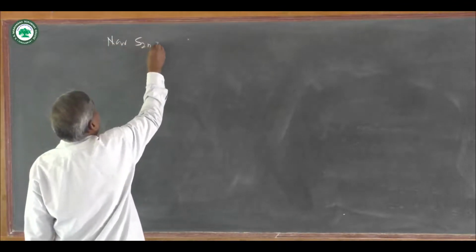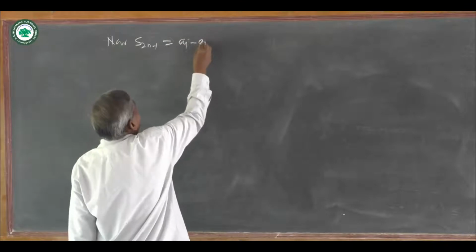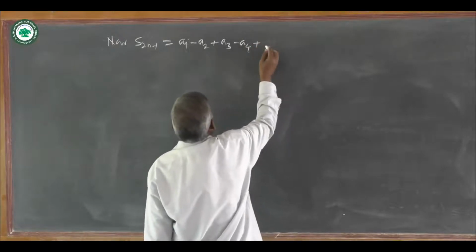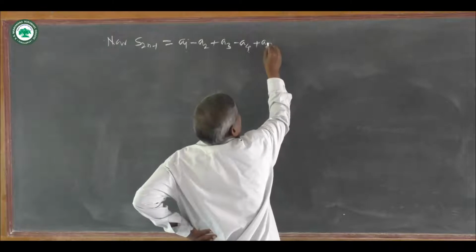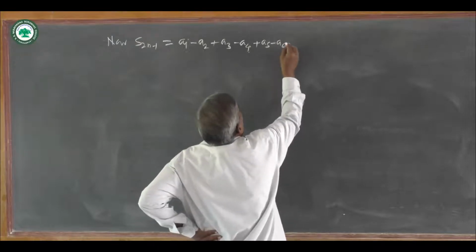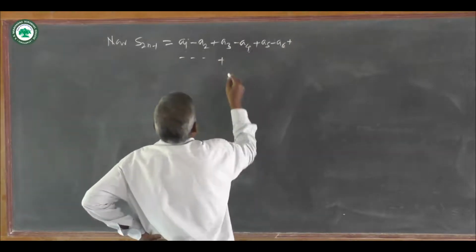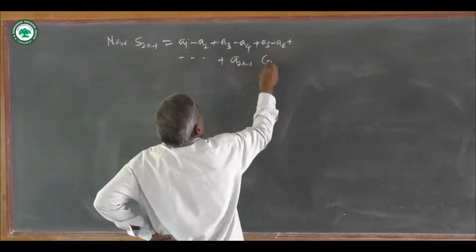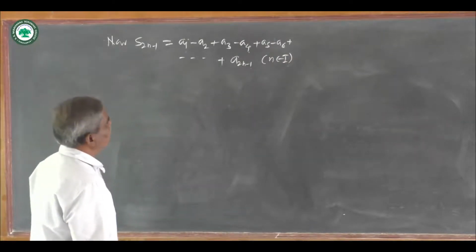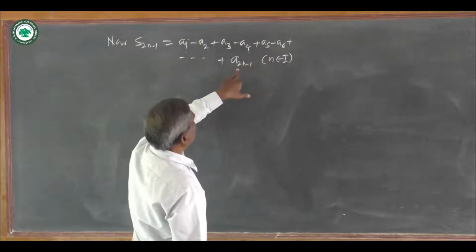Now, S suffix 2n minus 1 is equal to A1 minus A2 plus A3 minus A4 plus A5 minus A6 plus and so on, plus last term is A suffix 2n minus 1, for every positive integer n belongs to I. That is, A1, A3, A5 are positive.